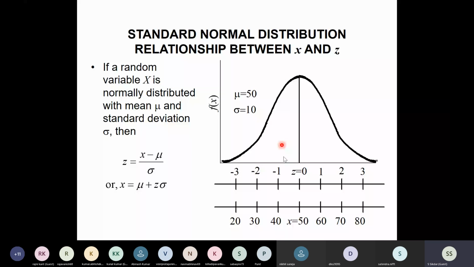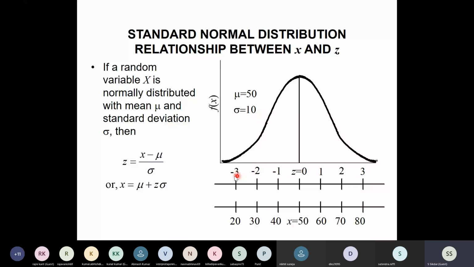It has been shown nicely that although the x value can be 50, because of the sigma value of 10, once I standardize, the z value is just 0, -1, -2, -3, varying between -3 and +3.